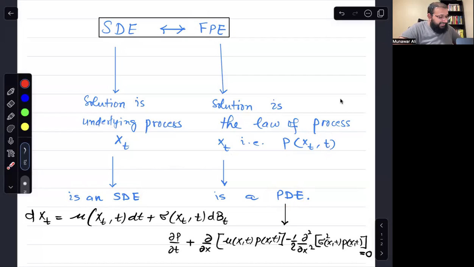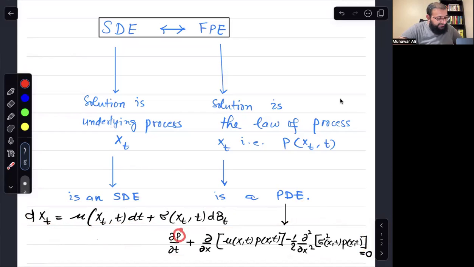And the simple example is the SDE looks like this one. dXt is mu of Xt dt plus sigma of Xt dBt. And when we solve this one, we get the underlying process Xt. And this is a PDE that we call a Fokker-Planck equation corresponding to this stochastic differential equation.